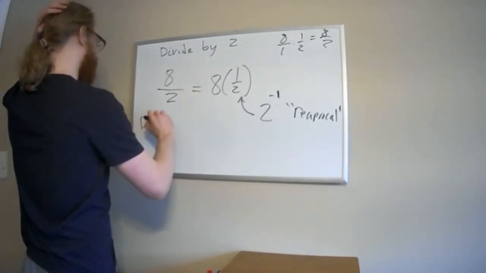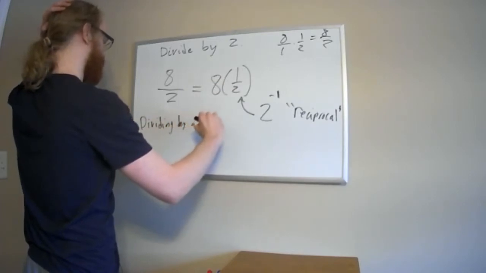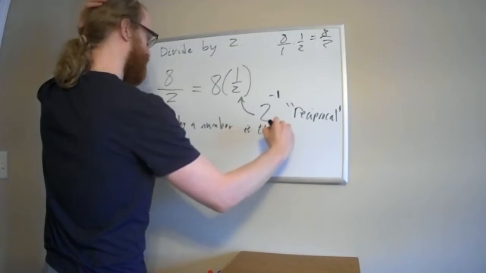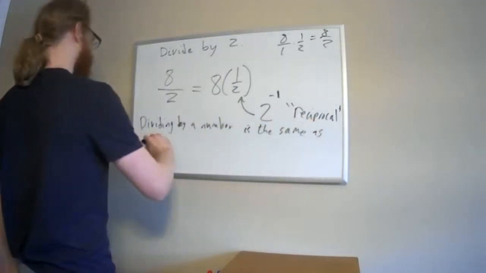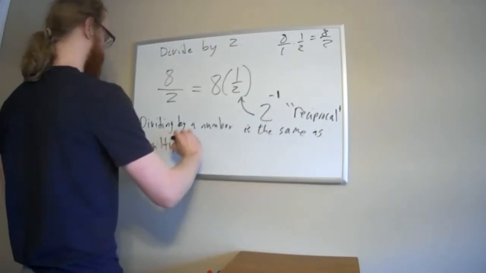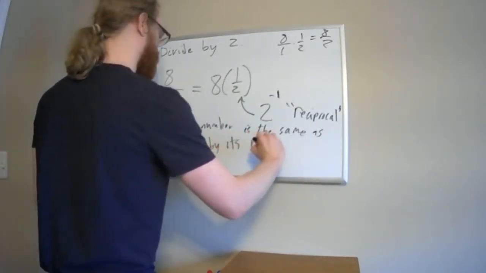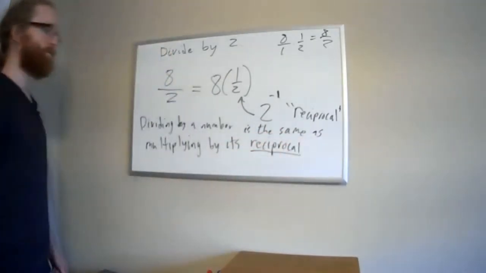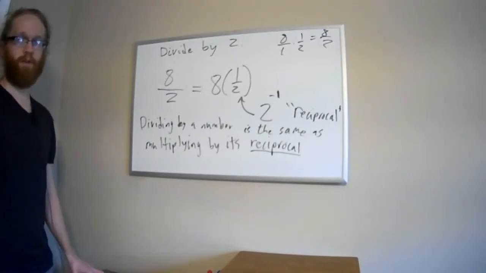And in general, dividing by a number is the exact same thing as just multiplying by its reciprocal.